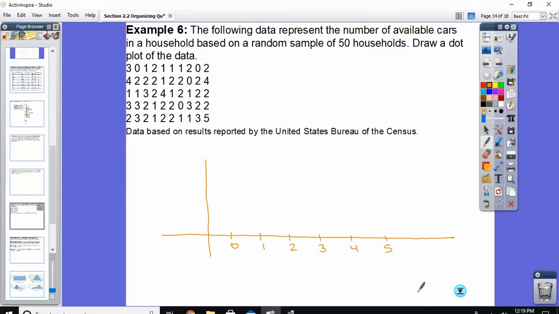Looking back, 0 showed up 4 times. So you just put 4 dots on the 0, trying to space your dots out evenly. 1 showed up 13 times, so you put 13 dots.